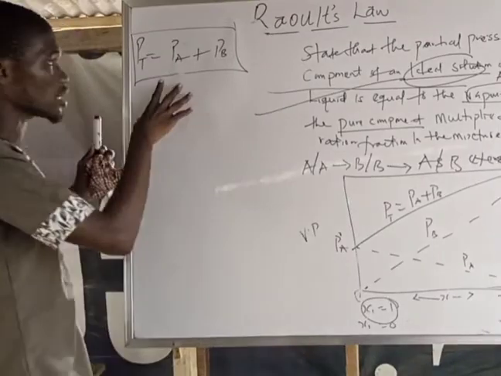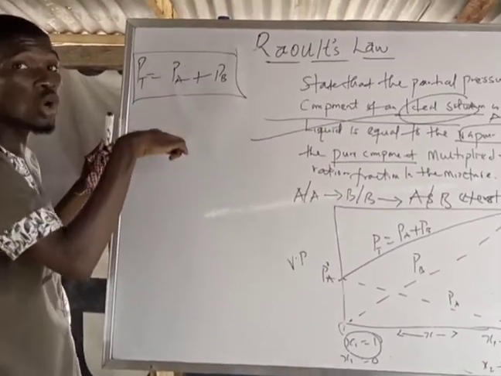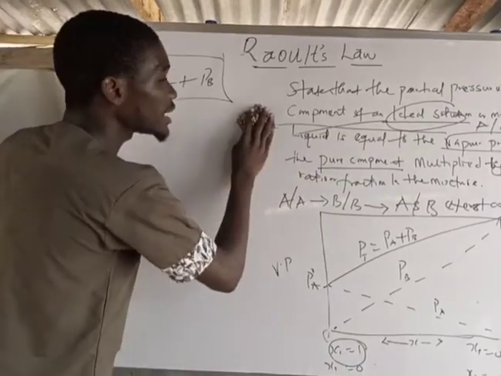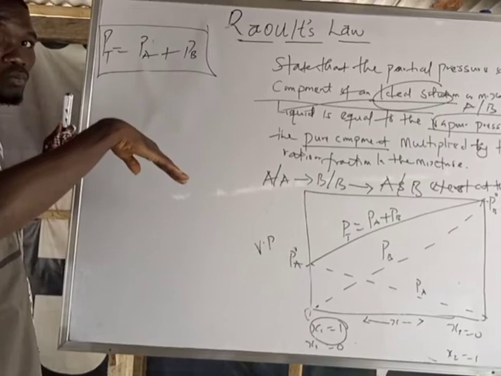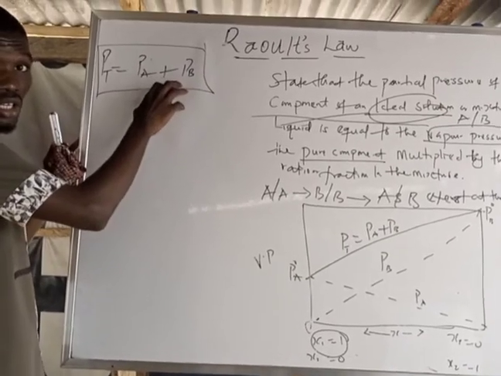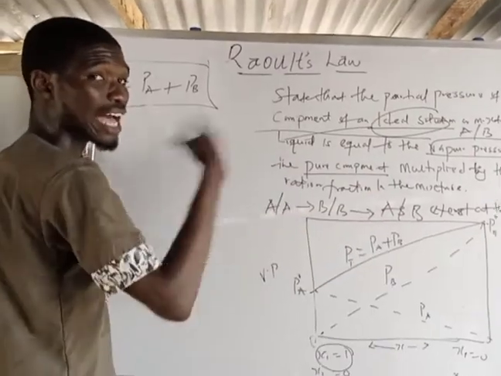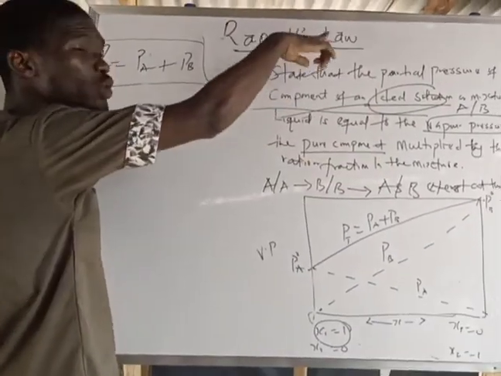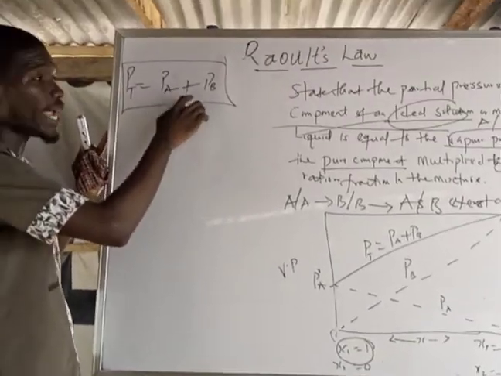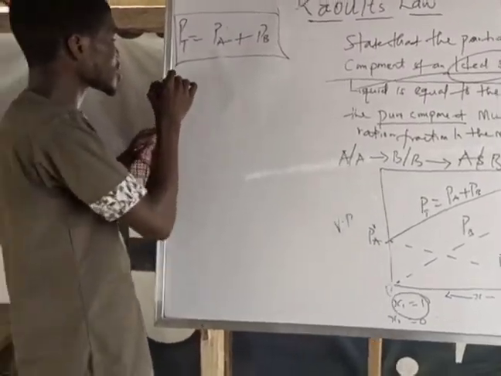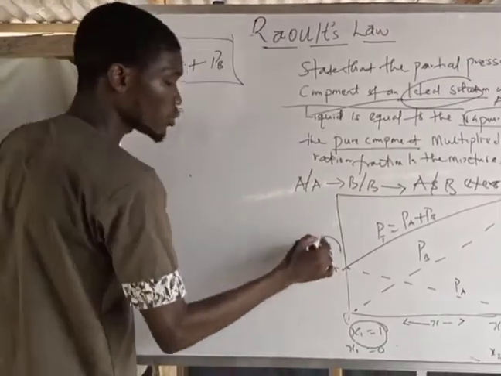So now let's state Raoult's law, using the particular law to prove the Raoult's law equation. We said that in an ideal gas, the total pressure of a gas will give us this. So you must understand the concept of an ideal gas, or Dalton's law of partial pressure, to be able to relate it to what? Raoult's law. So I have Pt is equal to Pa plus Pb, but Pa is equal to this.